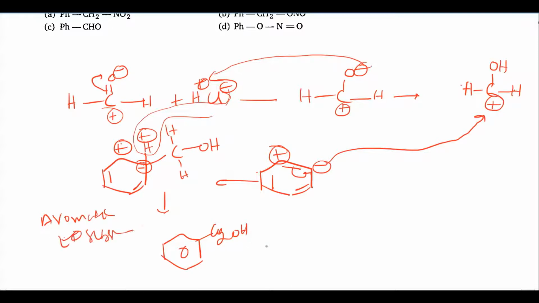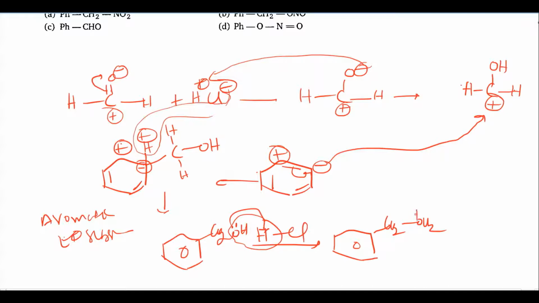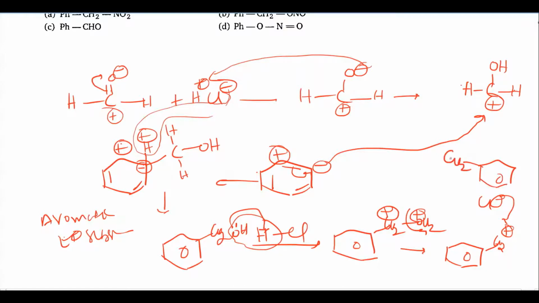After that again HCl is there, same protonation: lone pair and H plus. Then here there is CH2OH2 plus, which is a good leaving group. After that, benzyl carbocation forms, and Cl minus attaches, then you are going to get CH2Cl.